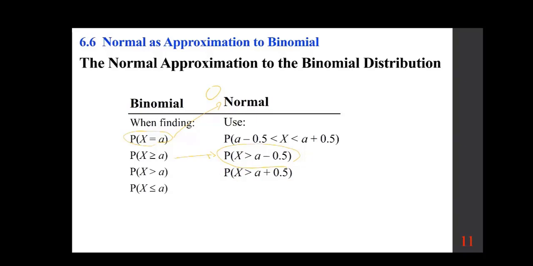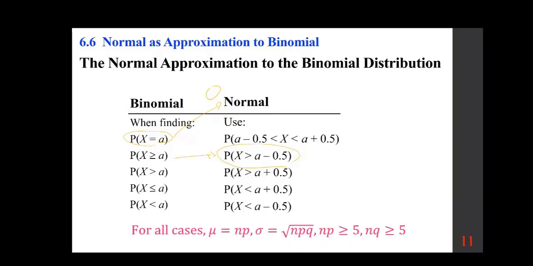If it's less than or equal to a, we add 0.5. If it's less than a, we subtract 0.5. And needless to say, mu is np, sigma equals square root of npq. Do I have to remember this? No. I will explain it to you so you understand when you add, when you subtract.